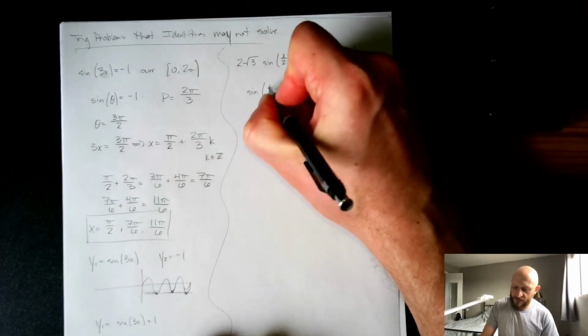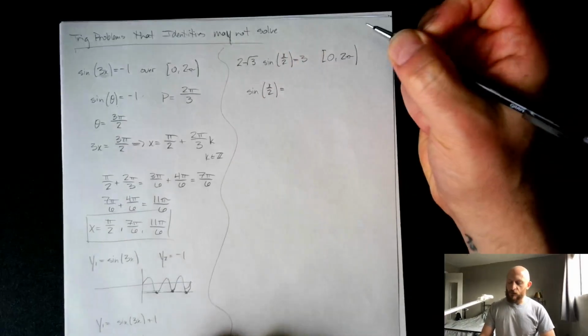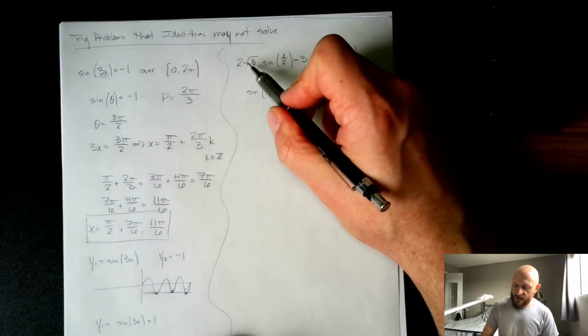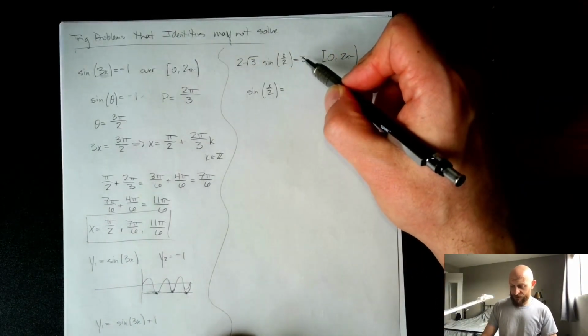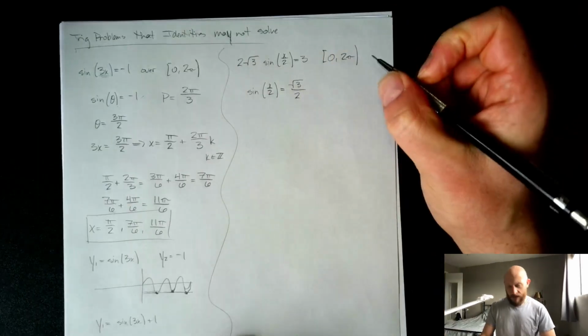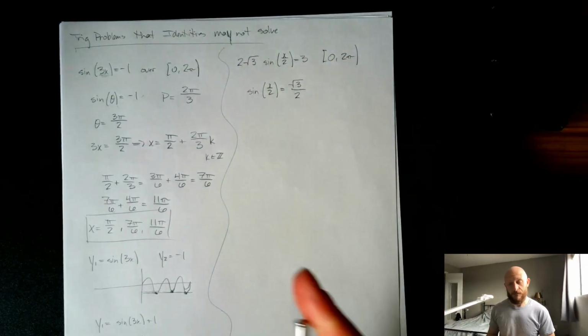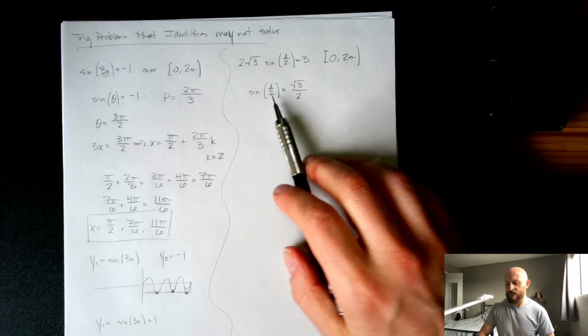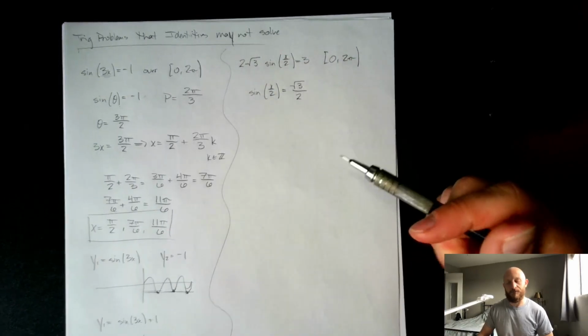So this is sine of x over 2 equals, I'll let you convince yourself of this, when we divide 3 by 2 root 3, and then rationalize and simplify, it becomes root 3 over 2. So now we're solving, where does sine of x over 2 equal root 3 over 2?